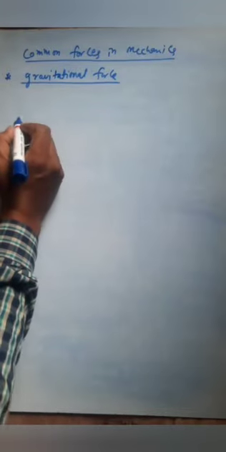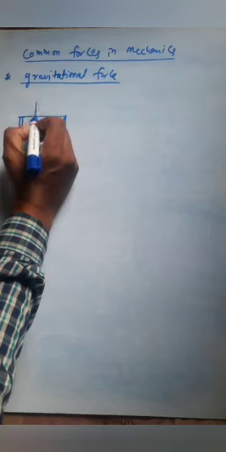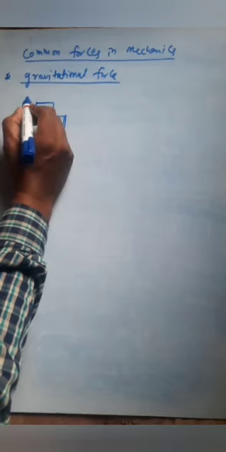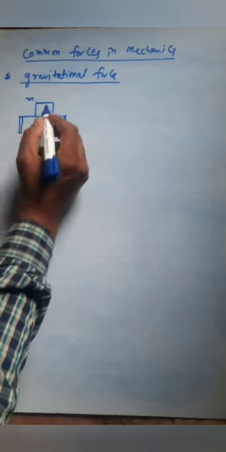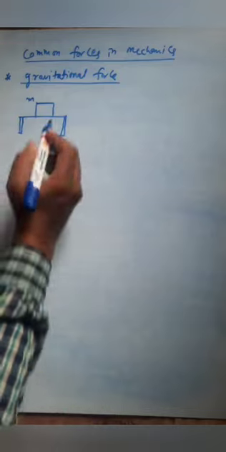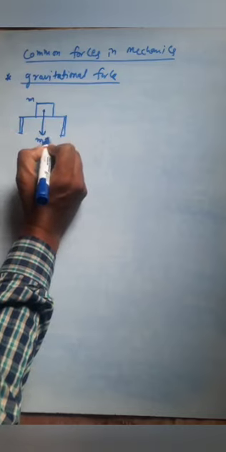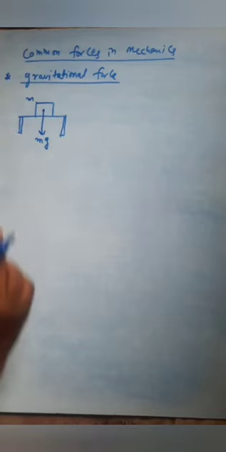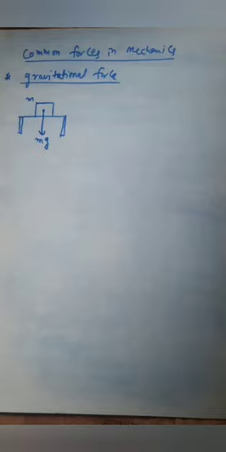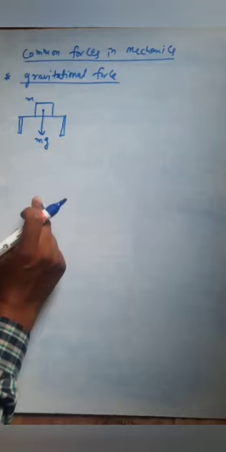For example, take an object having mass m which is placed on a table. Due to gravitational force, that is called mg, which always acts downward. Gravitational force is mg, acting towards the earth's center.